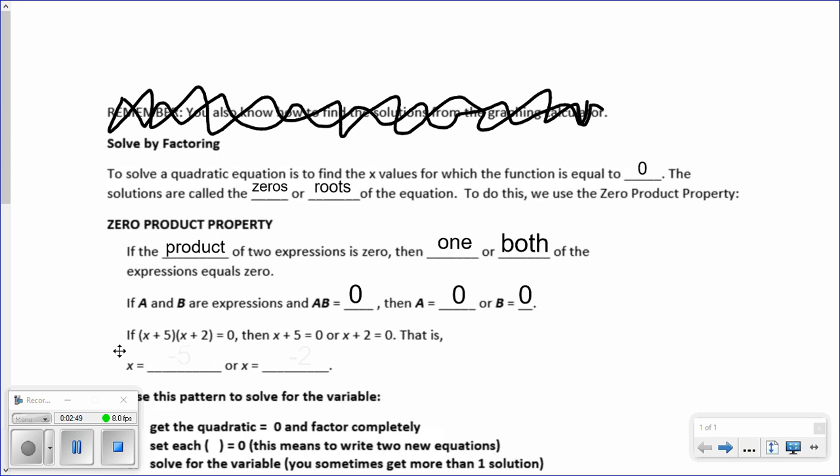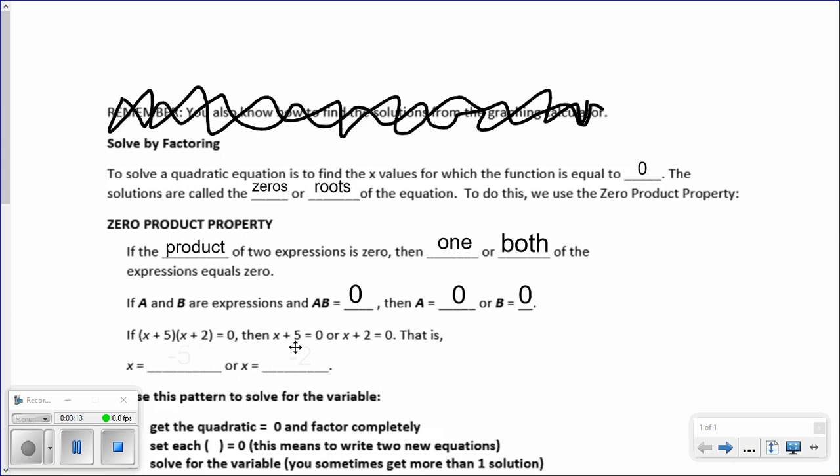And that's the only way you would equal the 0 here. Okay? So we do the same thing right here. We say if x plus 5 times x plus 2 equals 0, then either the x plus 5 has to equal 0, or the x plus 2 equals 0. Either of these situations would make the equation true. Remember, solutions are the things that make it true. So that's why we're going to solve both of them for x.